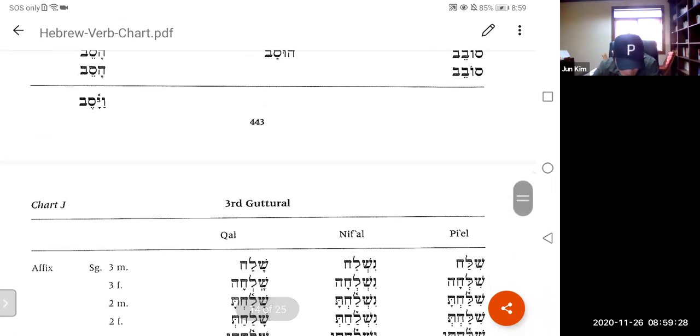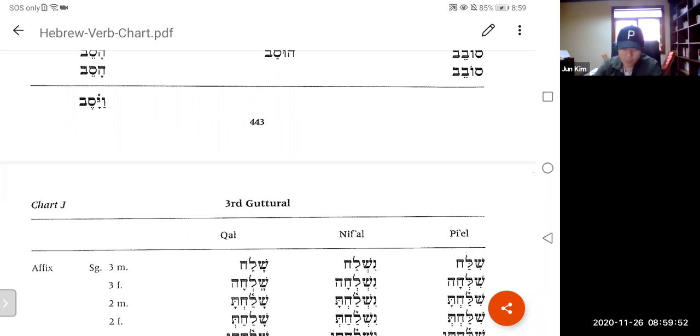Polel normally works for the geminate verb, that's why we have Polel here. The main function of Polel is to intensify the meaning, like Piel. So now we understand what it means by all the indicators of geminate verbs.